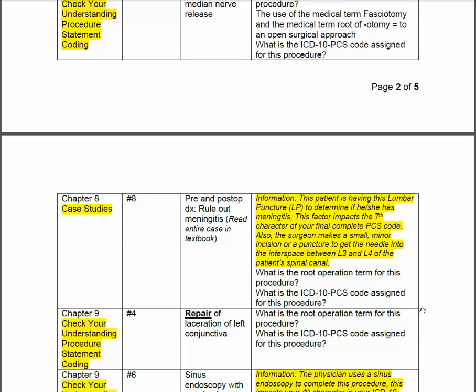So you need to think about all of that in terms of what is the intention of the procedure, how does that play into your code assignment. It impacts your final character value. Why was this being done is the objective, and then what was being done. The physician is inserting a 20 gauge needle, a small needle, into the space between the L3 and L4 of this patient's spinal canal to get out spinal fluid.